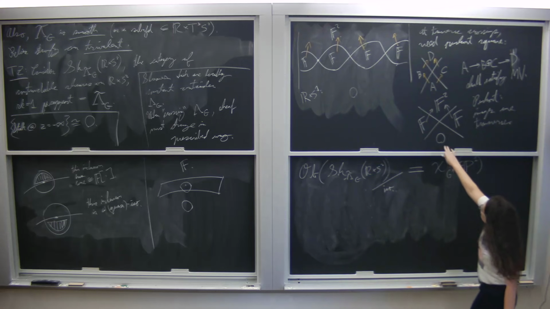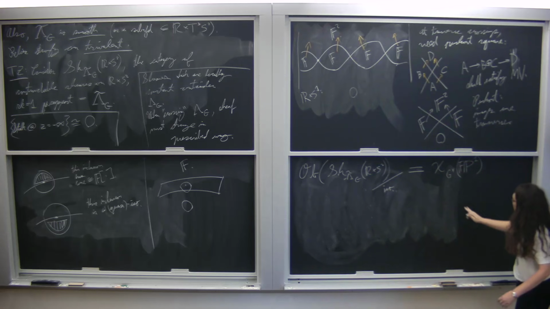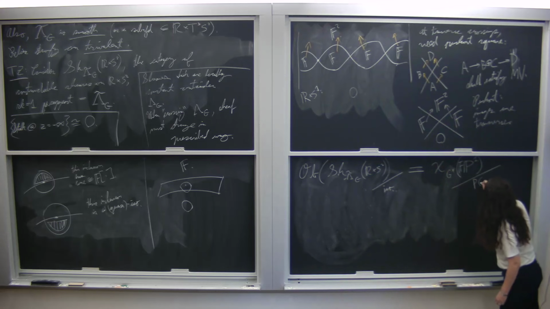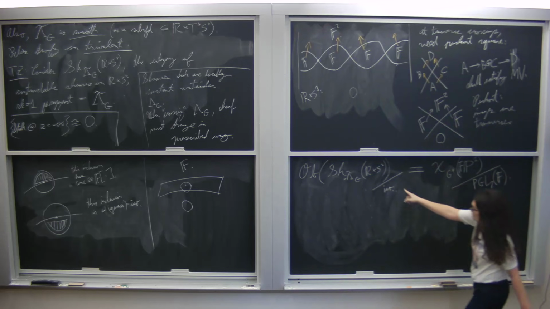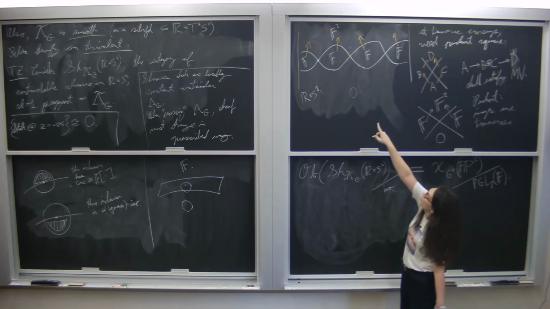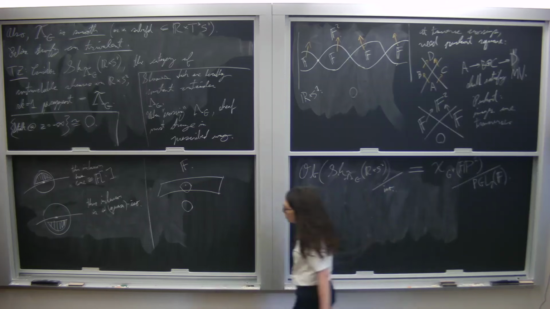And since nearby things need to be disjoint, that means it's a coloring. The only exception is that this needs to be modded out by PGL2 F, because up to isomorphism, I can act by PGL2 on the F2 on top.